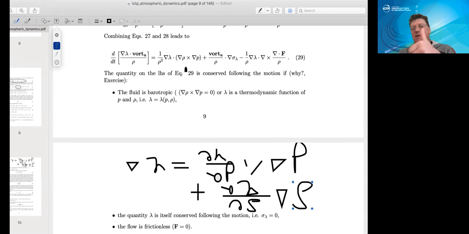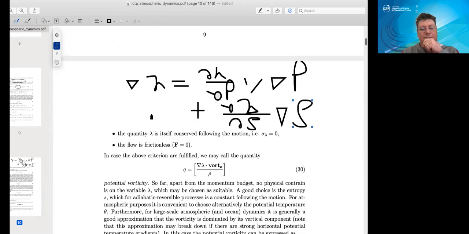So if we have frictionless flow, adiabatic reversible anyway includes already frictionless, adiabatic reversible flow plus this quantity, which is, let's say, entropy or potential temperature, then all the terms on the right-hand side vanish, and we have a conservation law for this quantity.